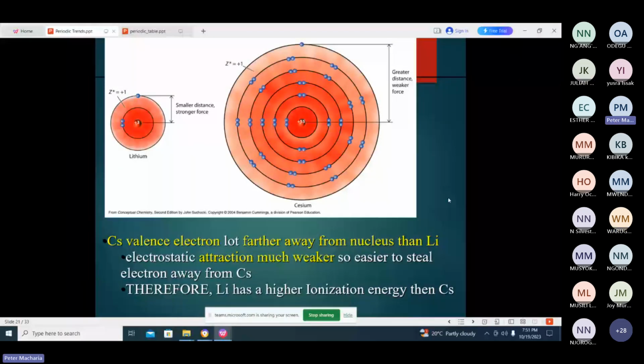So the energy required to remove an electron from cesium is minimal compared to that in lithium, and that energy is what we are calling the ionization energy. So the ionization energy in cesium is much lower than the ionization energy in lithium. So that is the point.